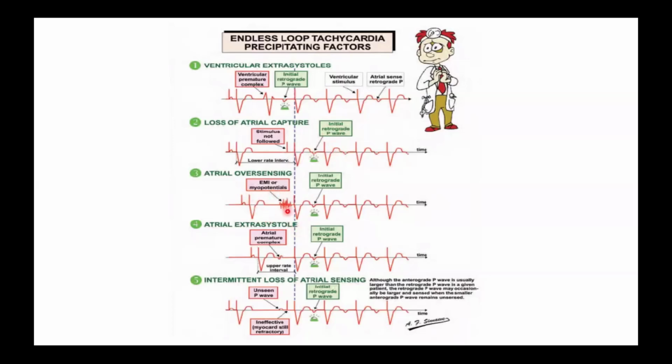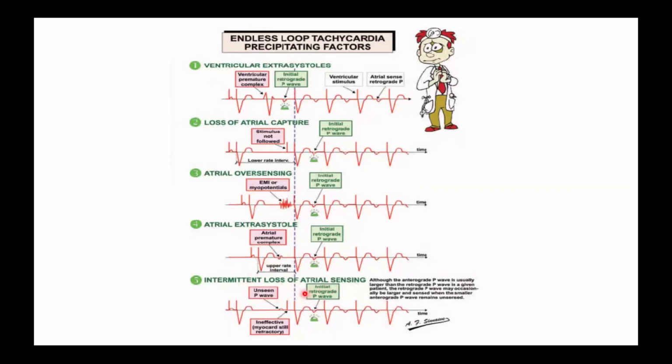Or atrial oversensing, which starts a sensed AV interval followed by ventricular pacing, and the atrium is also not depolarized. Also, an atrial extrasystole at the upper rate interval may be conducted at a long AV interval and followed by a P wave.